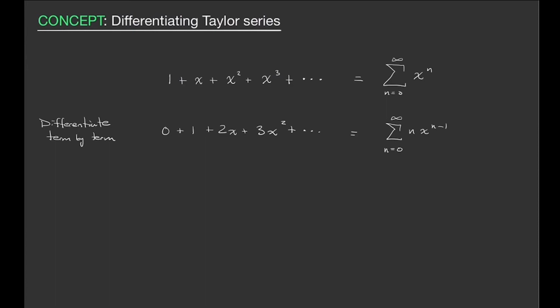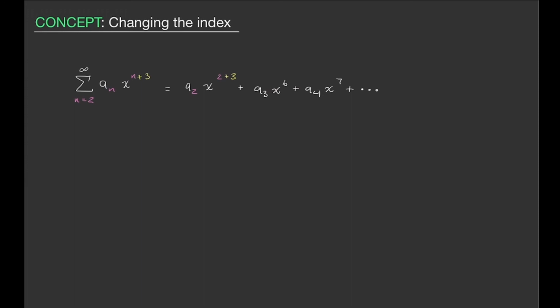Another thing that's useful to do with series, especially when we look at series solutions to differential equations, is changing the index, or at least the starting value of the index in the series. Suppose we start with this series where we have n equal to 2 being our starting value, and the formula is a sub n x to the n plus 3.